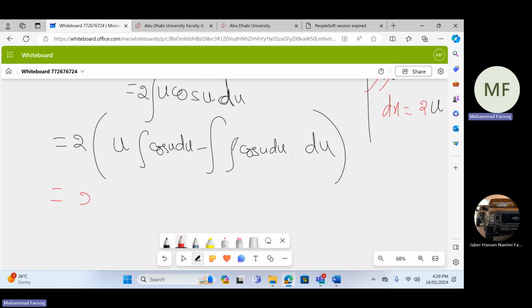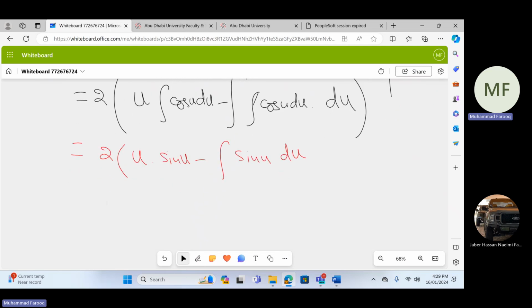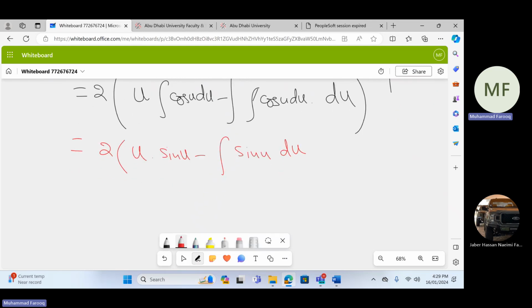So 2 times u. What is the cosine integration? Sine. Sine u, very nice. Minus the integration of sine u du. What is the sine integration? Negative cosine. I'm sorry, I forgot it. So 2 times u sin u minus negative cosine becomes plus cos u, plus c.